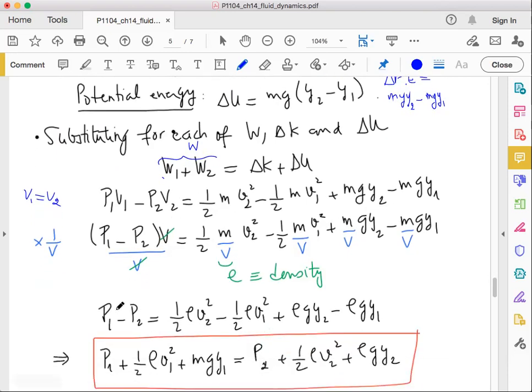So we end up with P1 minus P2 is equal to half rho V2 squared minus half rho V1 squared plus rho Gy2 minus rho Gy1.